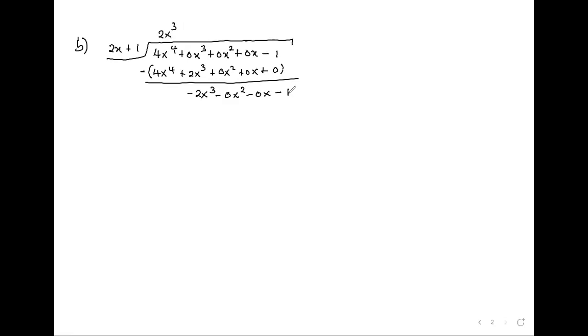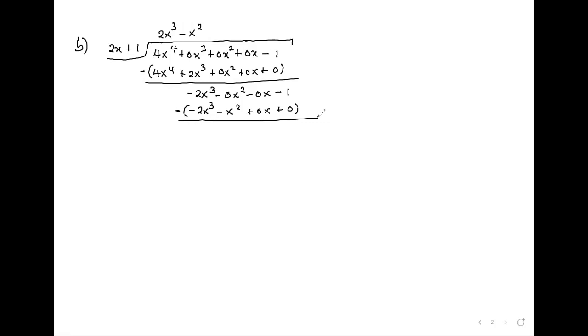Then divide again, negative 2x3 divided by 2x, we get negative x squared, multiply, negative 2x3, negative x squared, now plus 0x, now plus 0. Again, subtract. So negative 2x3 minus negative 2x3, that's 0.